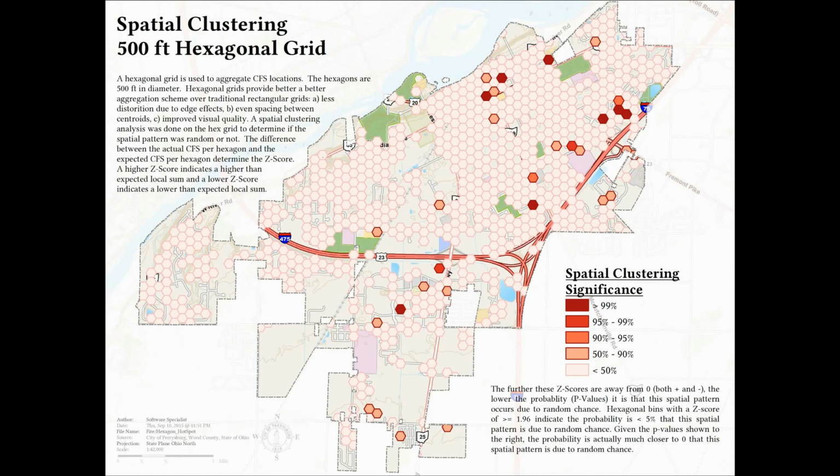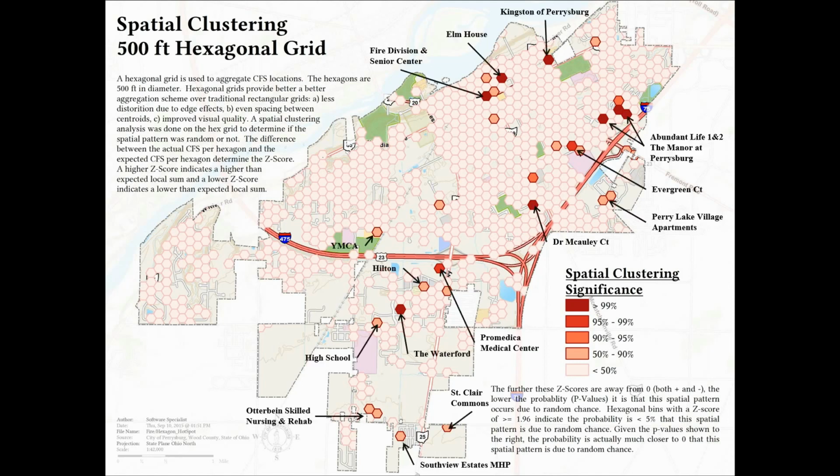And, with our knowledge of the city, we can actually understand why there are specific calls for service at these locations, right? So the majority of these dark red locations are nursing homes, right? With the exception of the fire division and the senior center, that's a nursing home. That's a nursing home.